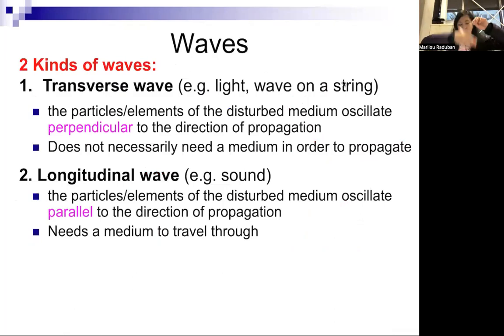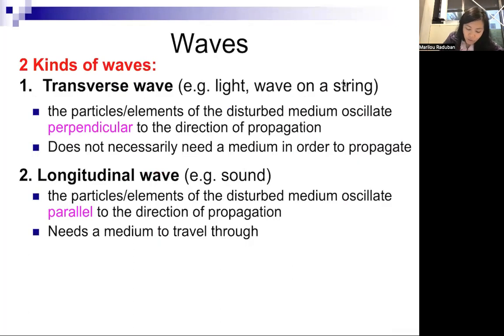Okay, right. So we've seen oscillating objects undergoing simple harmonic motion, and it generates a disturbance. The disturbance propagates. The propagation of the disturbance is what we call the wave. We can classify the wave depending on the relative direction of the propagation with respect to the direction of oscillation of the particle.